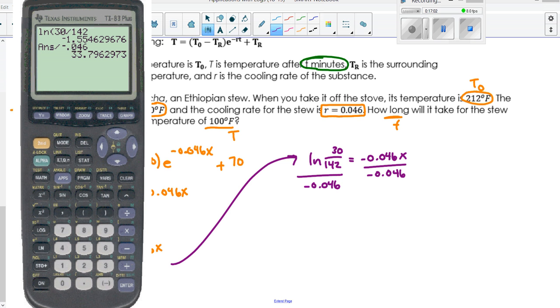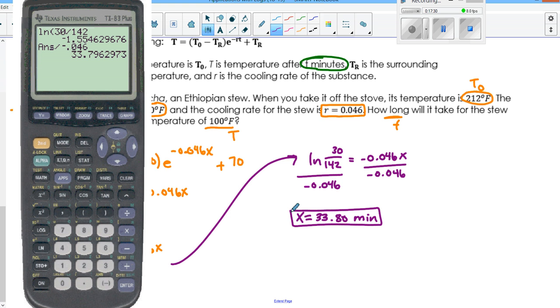Okay, we get that x equals... remember that our t value up here was talking about minutes, so this means that this will take about 33.79, which rounds to 33.80 minutes. Remember, time can be a decimal, so make sure that you write it as that, don't round it up to 34. So this is going to take about 33.80 minutes.